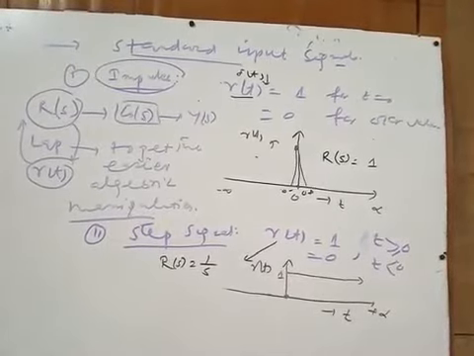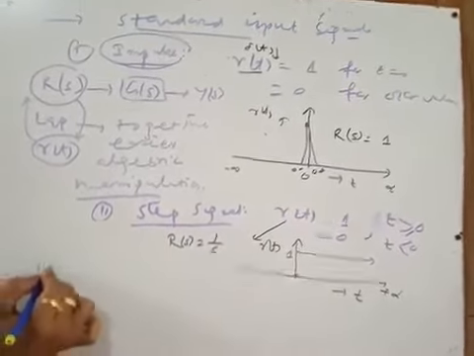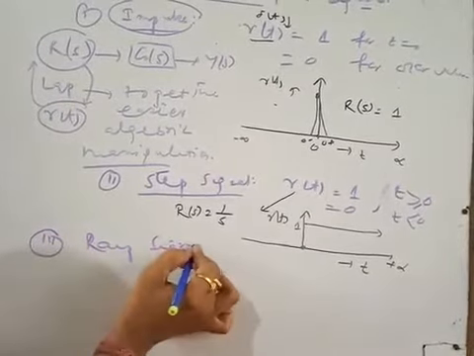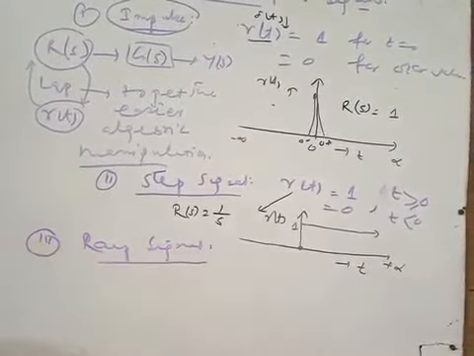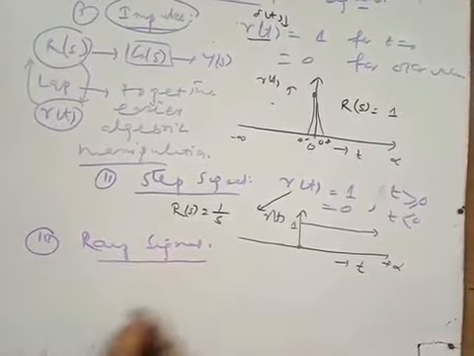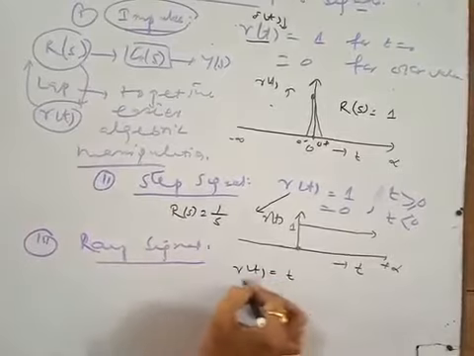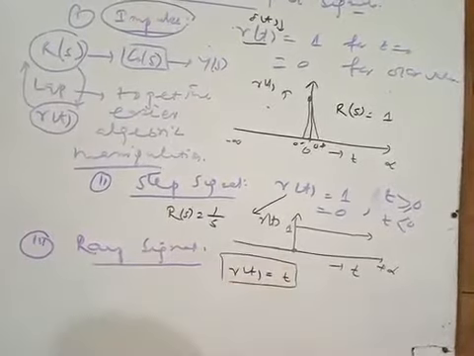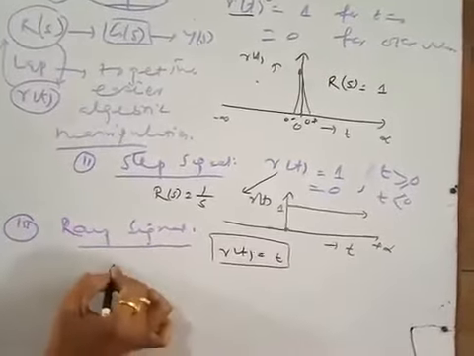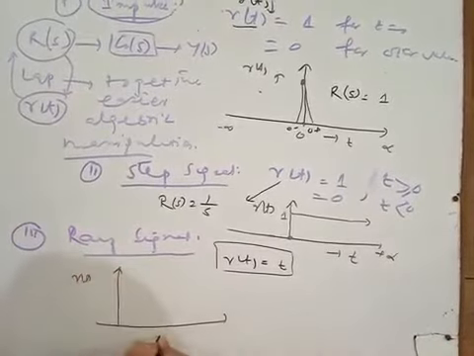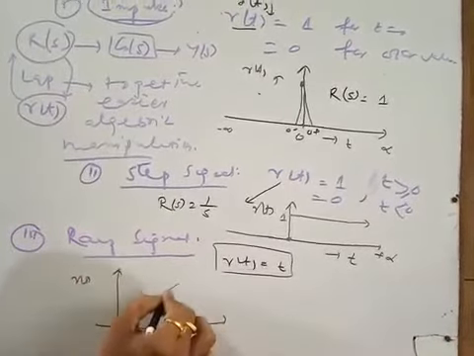And next part is your ramp signal. By the name you see, this is ramp. Ramp means r(t) is equal to t. That is, there is a slope, because you see the graph of the ramp is like this.